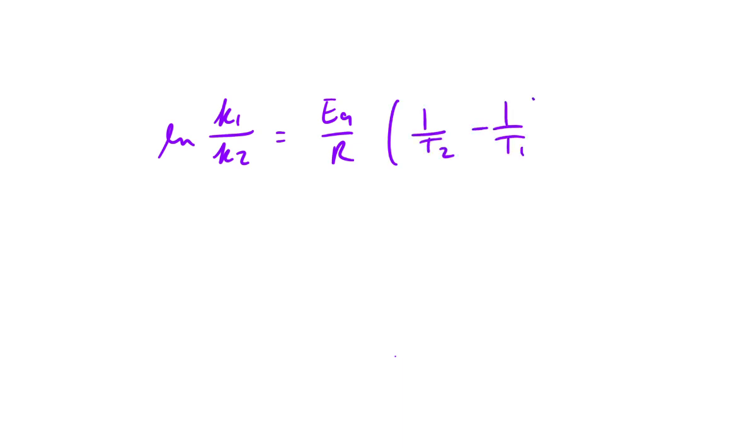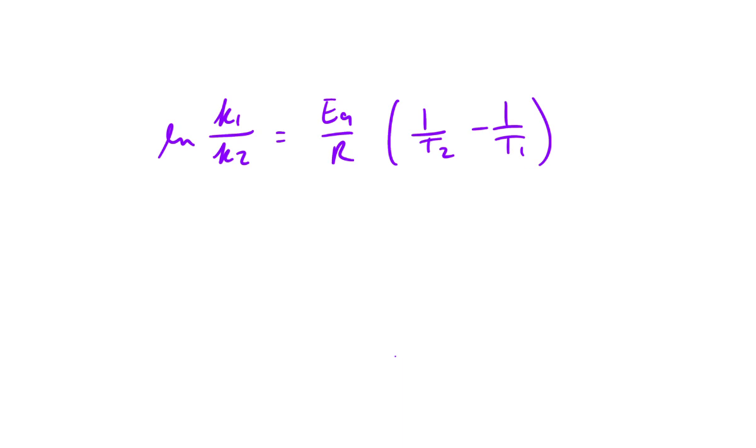In my notes I have ln of k1 over k2 equals Ea over R times 1 over T2 minus 1 over T1. I think this is the one on the equation sheet, but you can actually invert these. So you could have ln of k2 over k1, and then T1 minus T2.